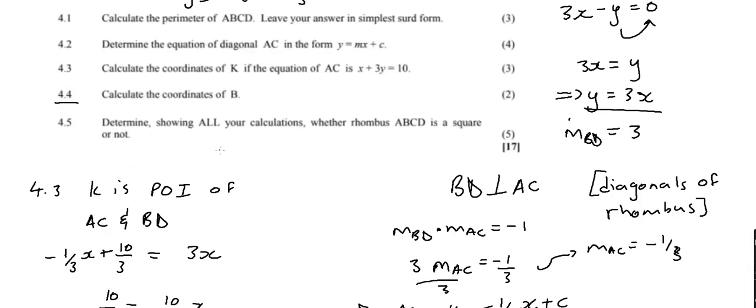Now 4.5, they say show all your calculations. Determine, showing all your calculations, whether the rhombus ABCD is a square or not.